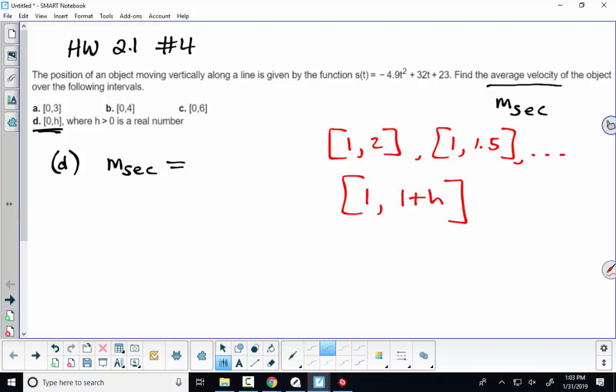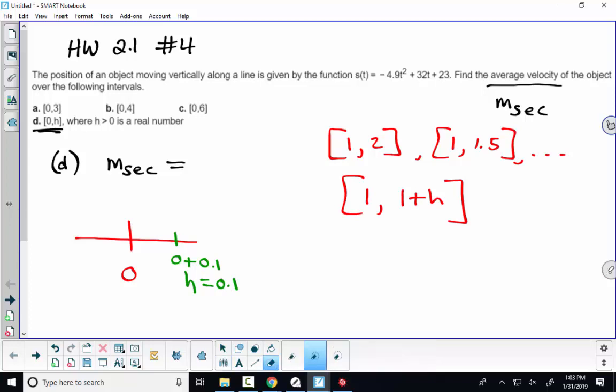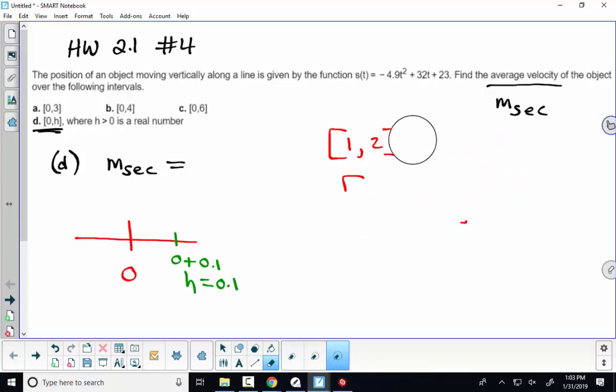But here I'm looking at 0 to 3, 0 to 4, 0 to 6, even as those are getting further and further apart. From 0 to h, I can specify any value of h from 0, and that'll be the distance. So like this is 0 plus 0.1. In this instance, h equals 0.1. So it's kind of the same idea that we had in that other problem.